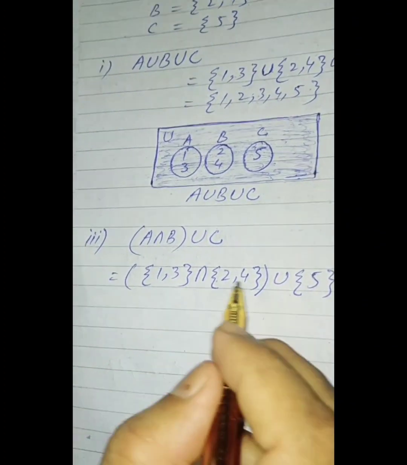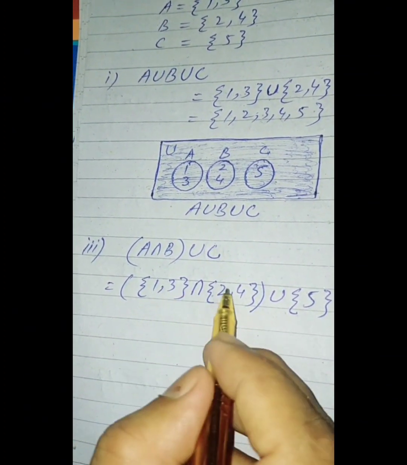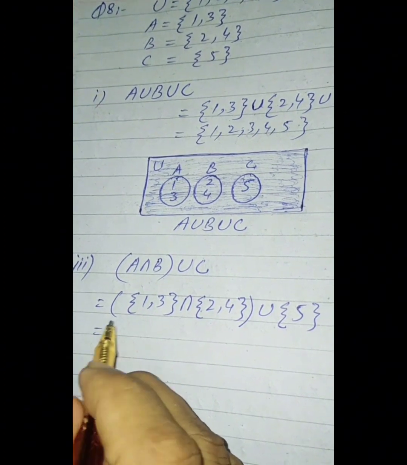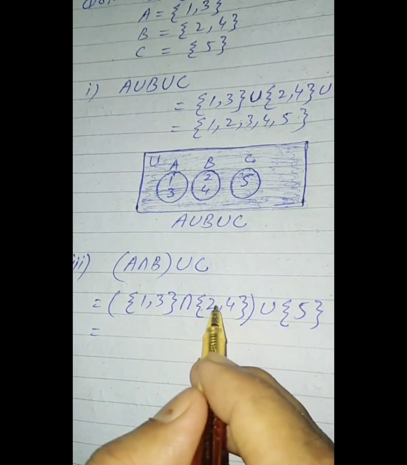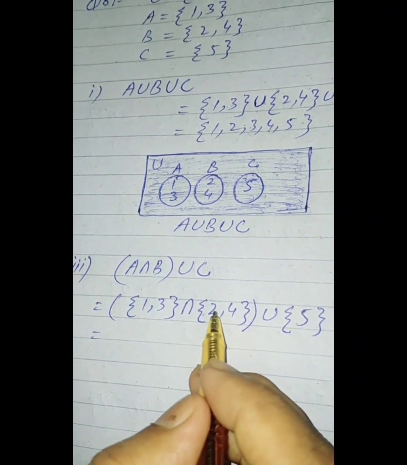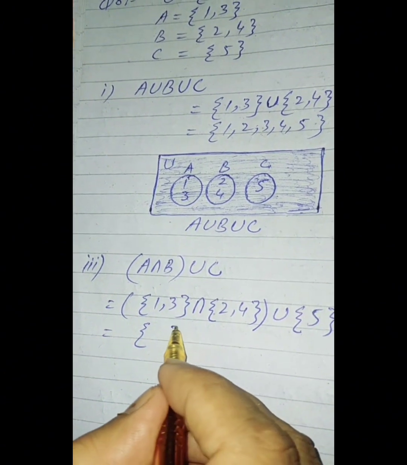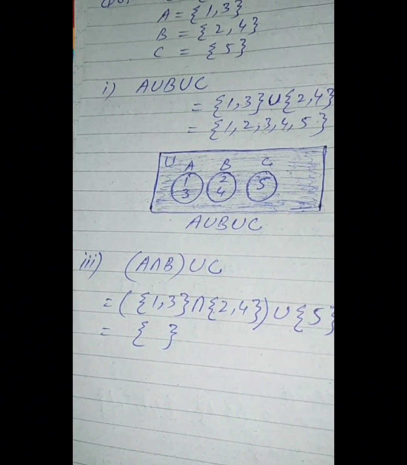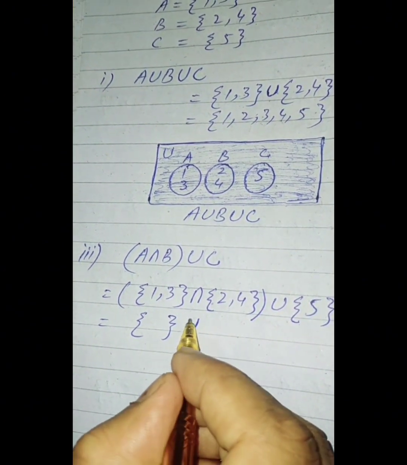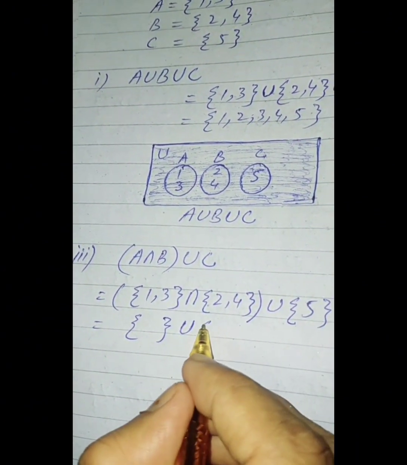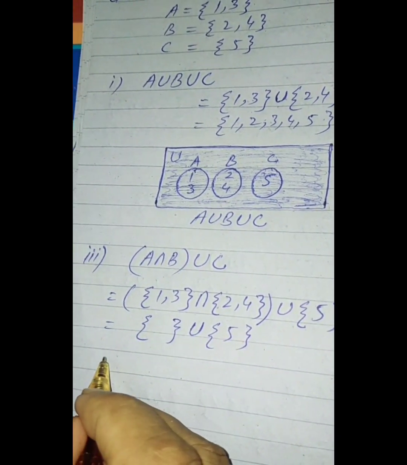So first of all we will simplify the bracket. Within the bracket we have the intersection of A and B. Intersection means the set of common elements of A and B. But A and B are disjoint sets. They do not have any common member. So their intersection set will be empty. Clear? Then we have the union sign and then set C whose member is 5.